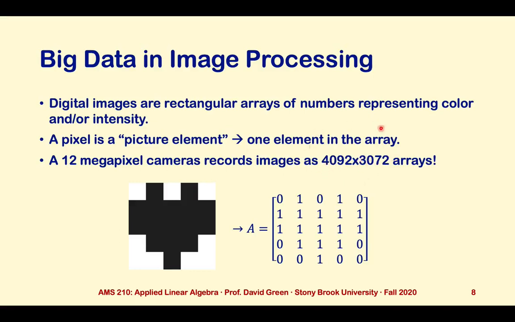It stores these as more than 4,000 by 3,000 arrays of numbers, where each of these numbers stores a color and intensity.